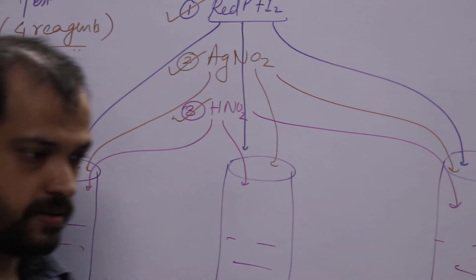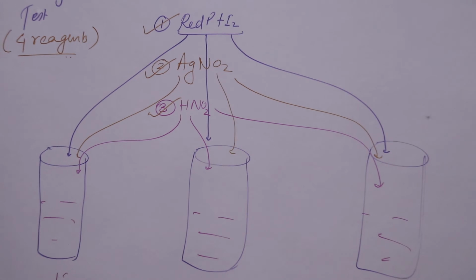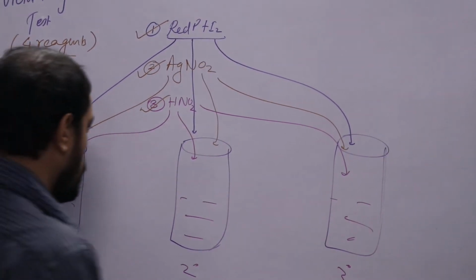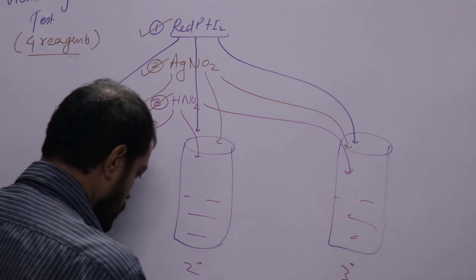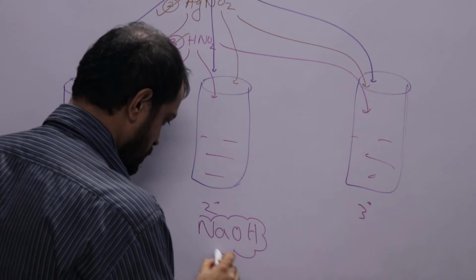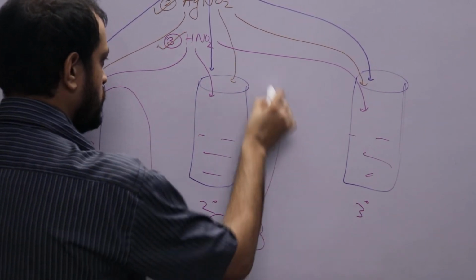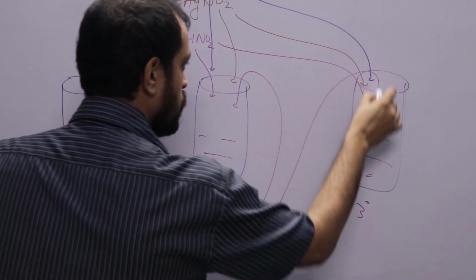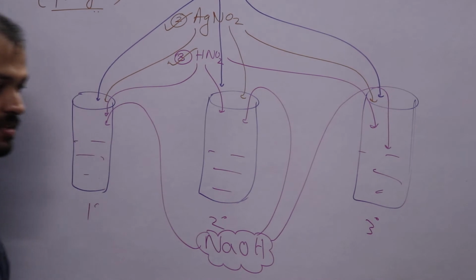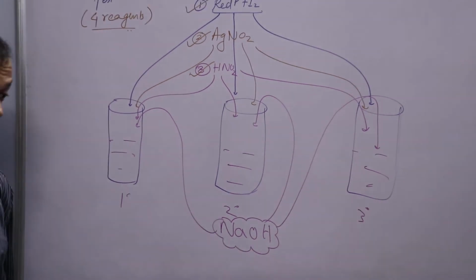The last reagent we will use is sodium hydroxide. When we add sodium hydroxide to each of these test tubes, then something extremely important will be observed.